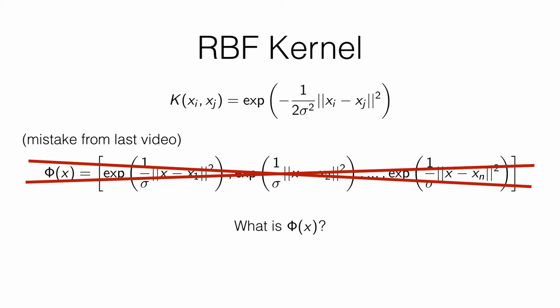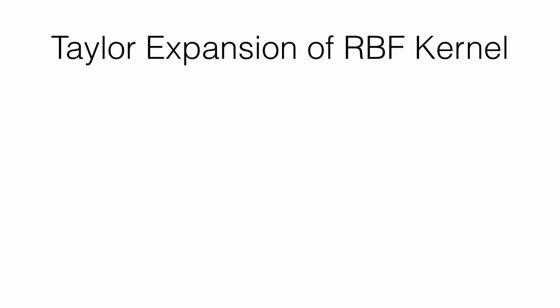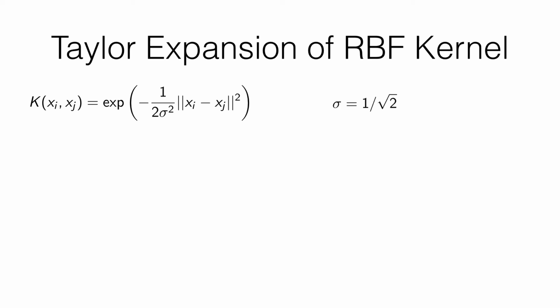Okay, so the way you make that transformation is you do a Taylor expansion of the exponential function. So start with the radial basis function kernel here, and to make things simpler, let's just set sigma to 1 over square root 2 so that it cancels out those constants. So all we have to think about is just the exponentiated negative squared distance between the two vectors.